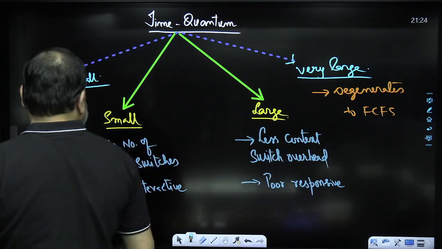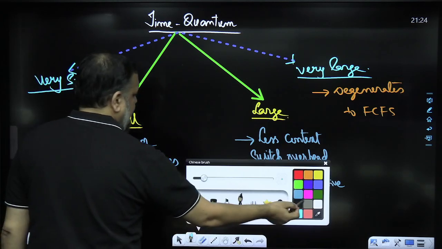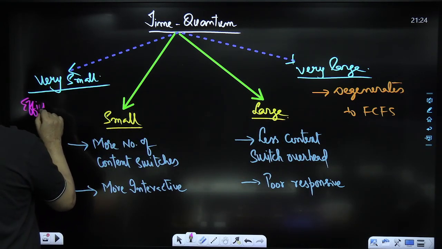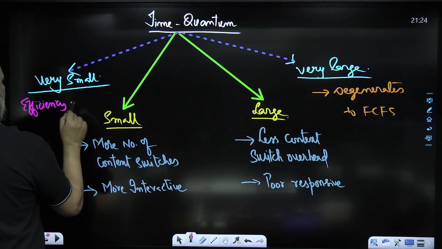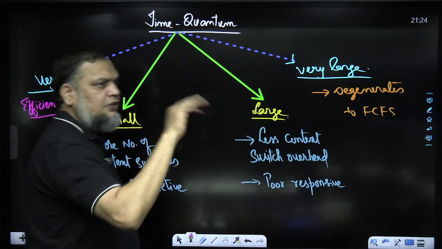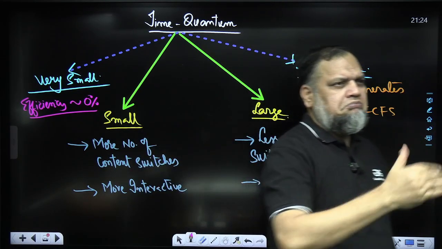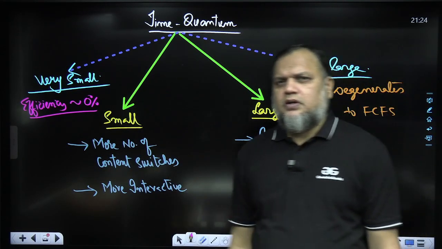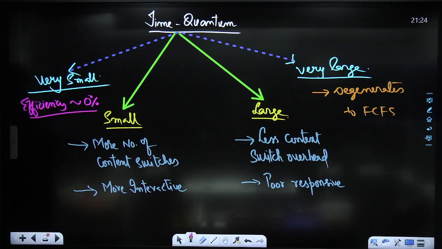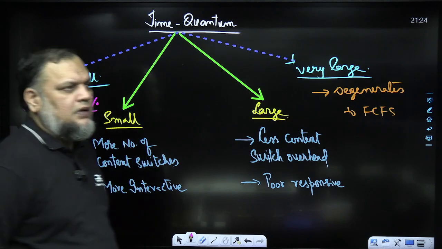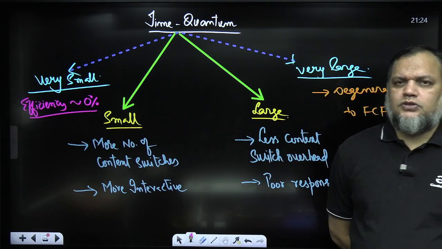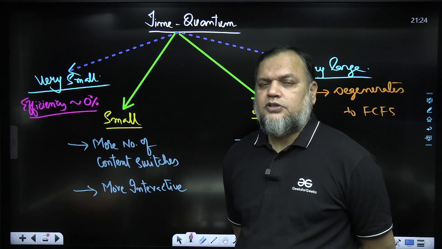So in that case, the efficiency of the system, the useful work done by the processor, tends towards 0%, maybe 5%, 3%, 2%, 10%, very, very low efficiency. Most of the time the processor will be busy doing overhead activity rather than useful activity. So that is the inherent performance of the round robin scheduler.